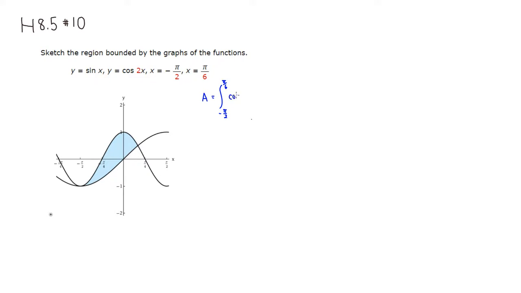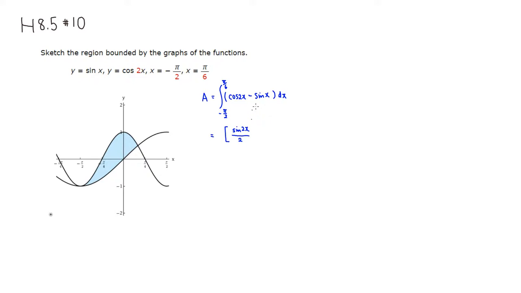So you have cosine of 2x, and then minus the bottom curve, which is the sine curve, so sine of x, with respect to x. The antiderivative of cosine of 2x would be sine of 2x, and then you have to divide by the derivative of 2x, which is 2.